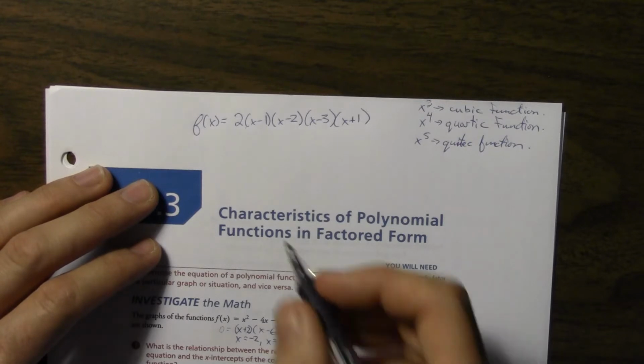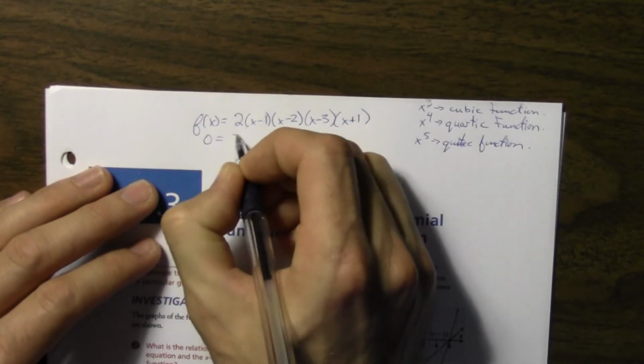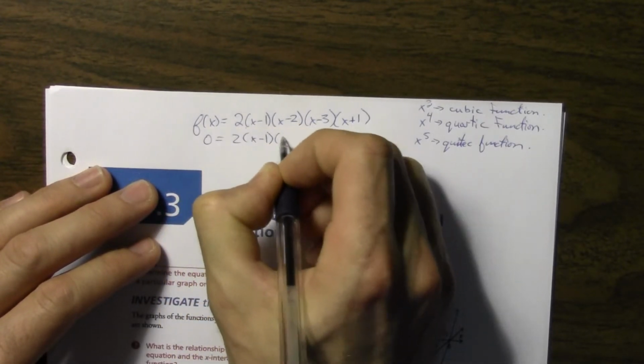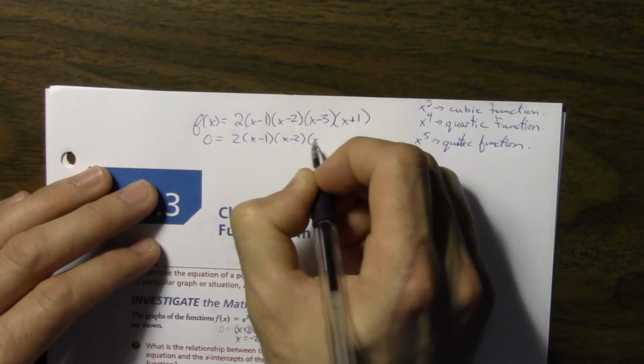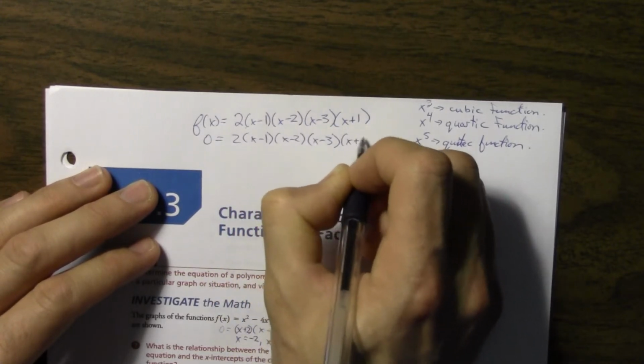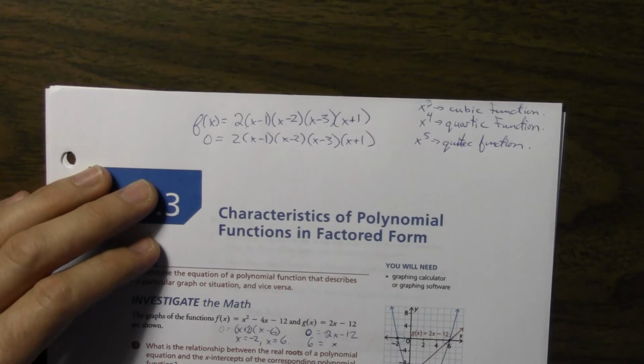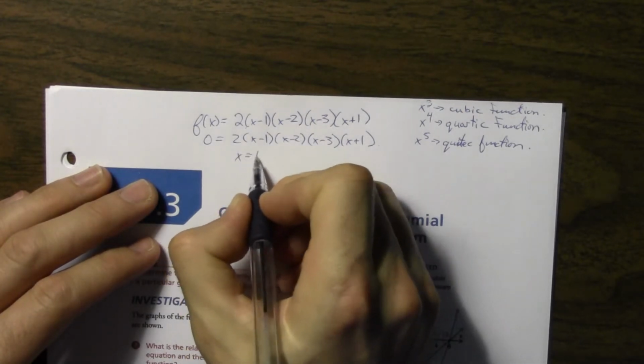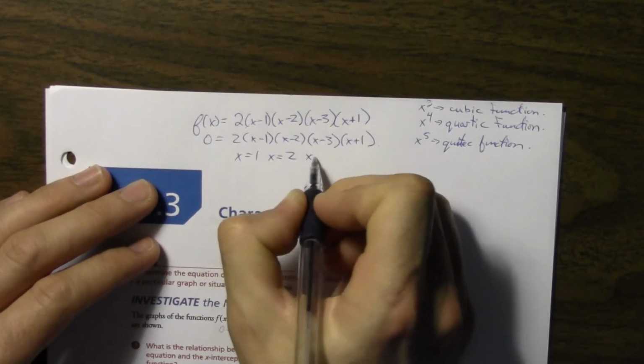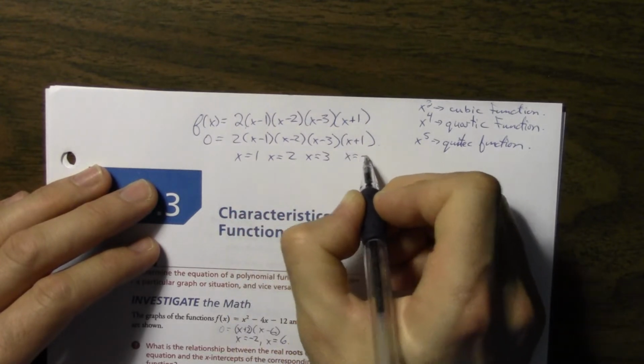And then it wants me to solve if I set this all equal to 0. Okay, so I would get x equals 1, x equals 2, x equals 3, and x equals -1.